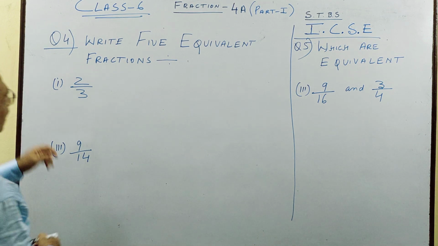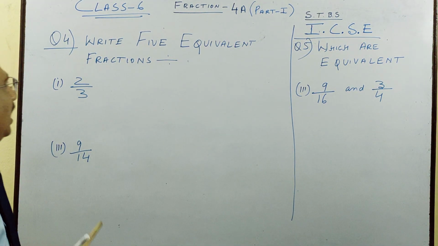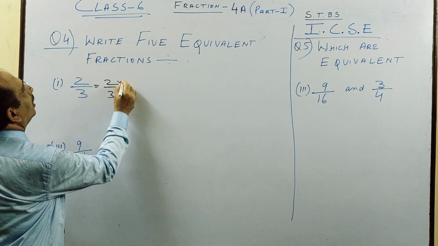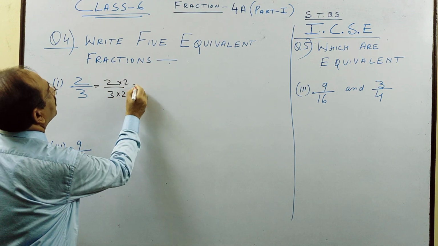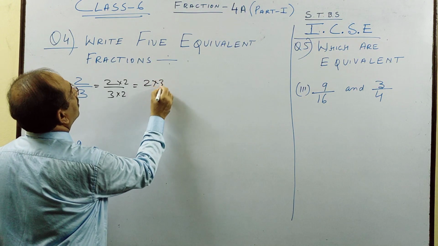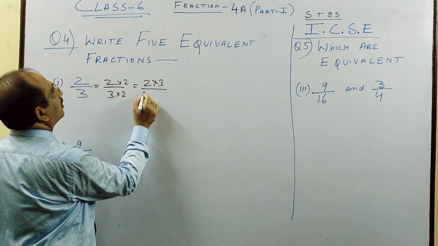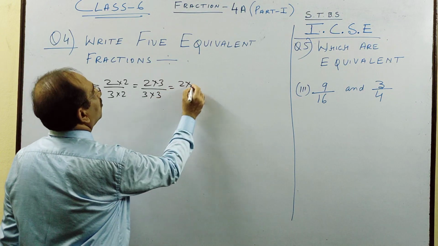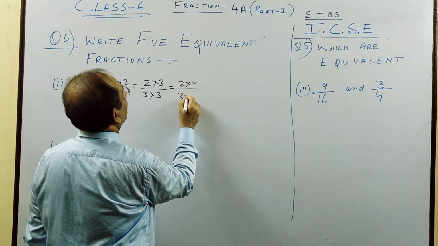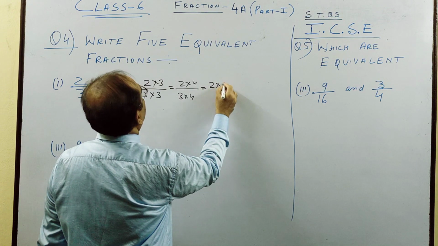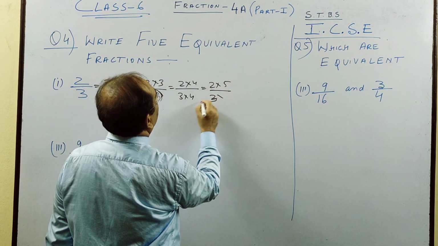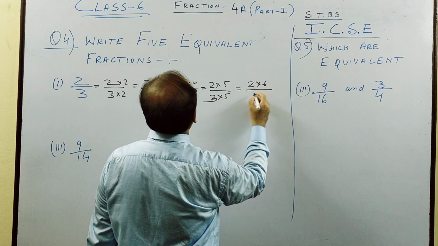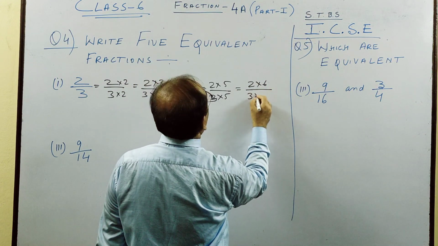Okay, next we see, we have to write 5 equivalent fractions. So what you do, multiply with 2. Multiply the numerator with 3 and denominator also with 3. Multiply with 4, multiply with 4. Multiply with 5, multiply with 5, multiply with 6, multiply with 6.